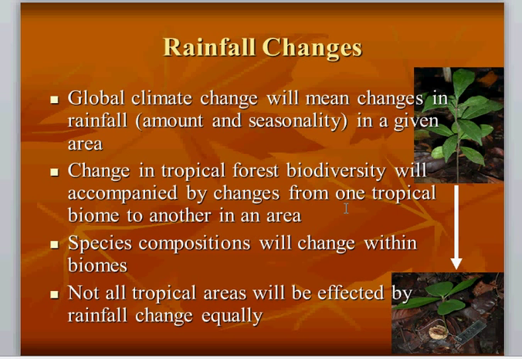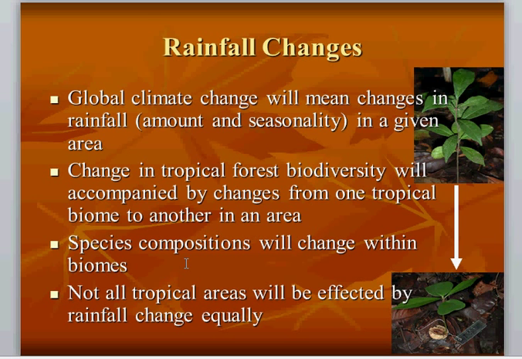Species compositions then will change within these biomes. On the tree side of things, evergreen trees will give way in deciduous biomes, and if seasonality decreases as amount increases, then evergreen trees will begin to replace the deciduous trees.